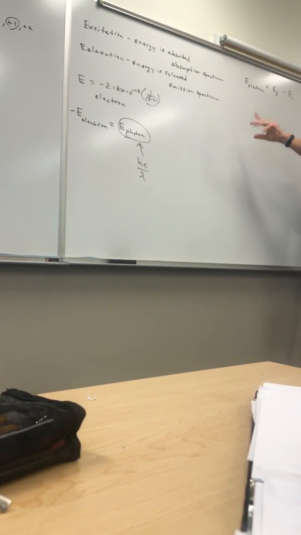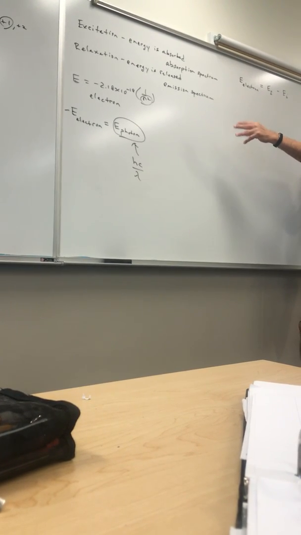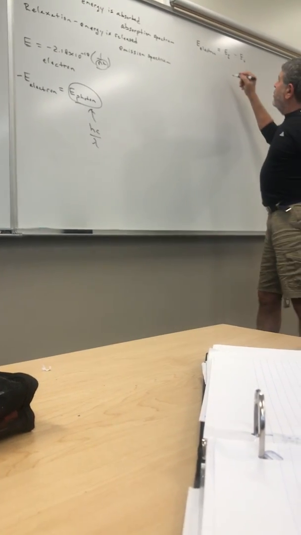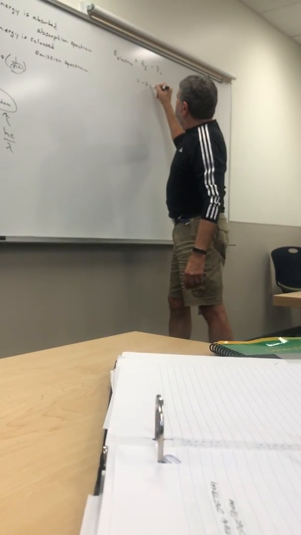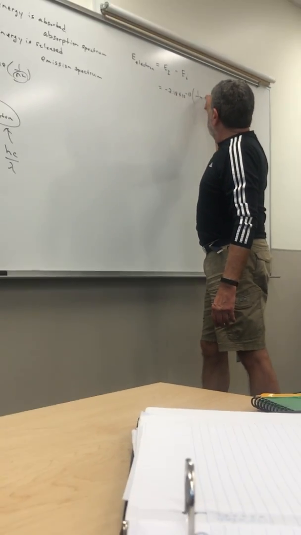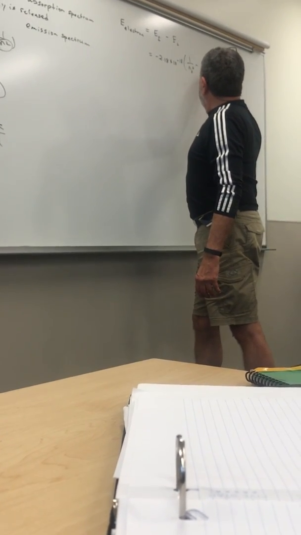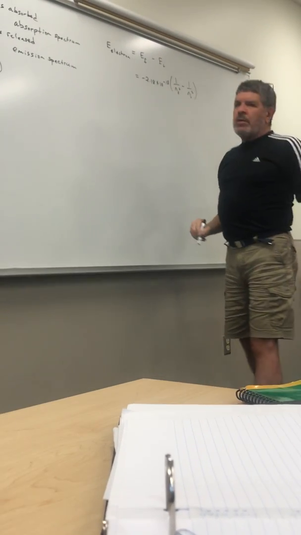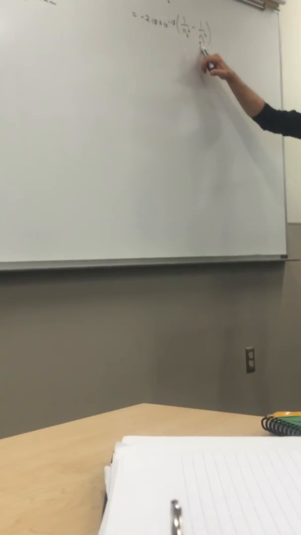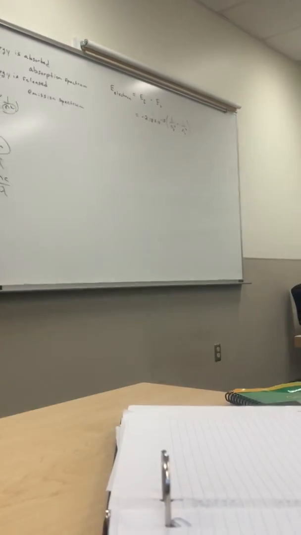So instead of doing two of those things, you know, minus 2.18 times 10 to the minus 18 times that and subtract the other one, we just lump them together. So we put the two terms together, the final state minus the initial state, both of them squared, both of them being the n values.